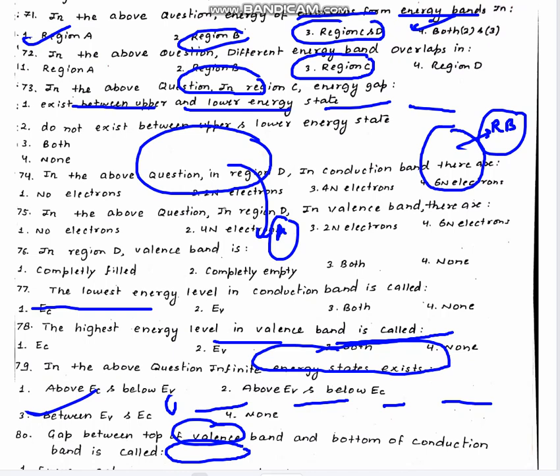Next is: in region C, an energy gap between the upper and lower levels does not exist because they overlap. Next is: in the conduction band there are no electrons, 2n electrons or 4n electrons. In the conduction band there are 4n electrons. Similarly in the valence band there are 4n electrons. And in region D, the valence band is completely filled or completely empty.